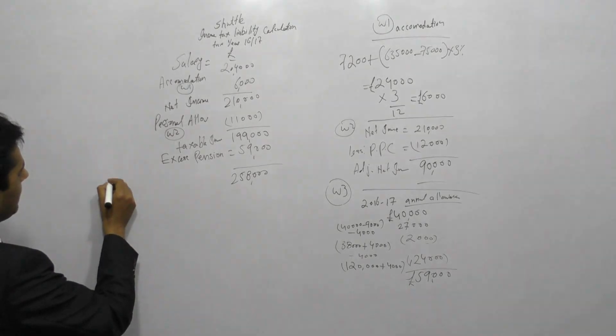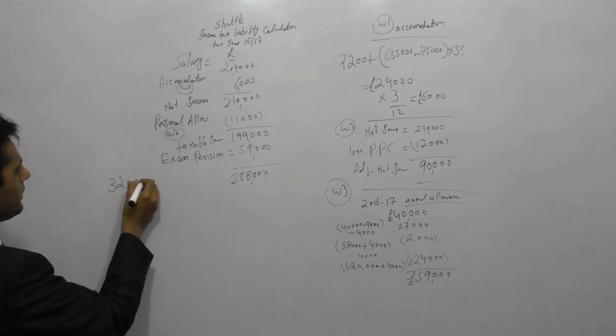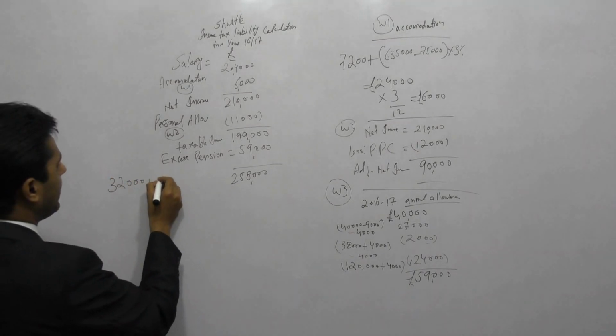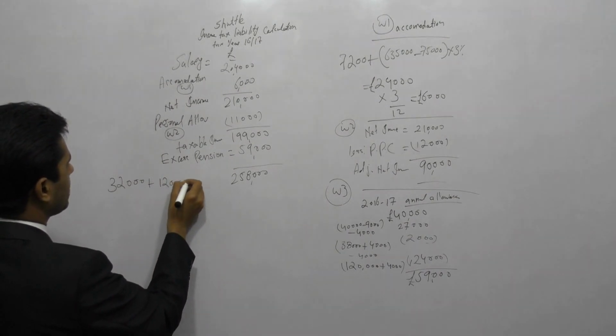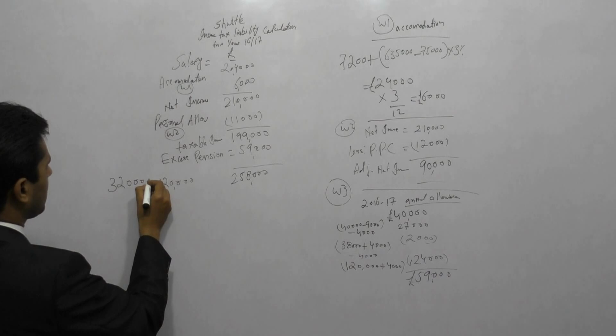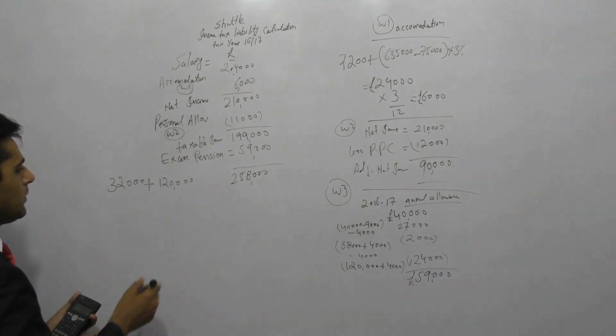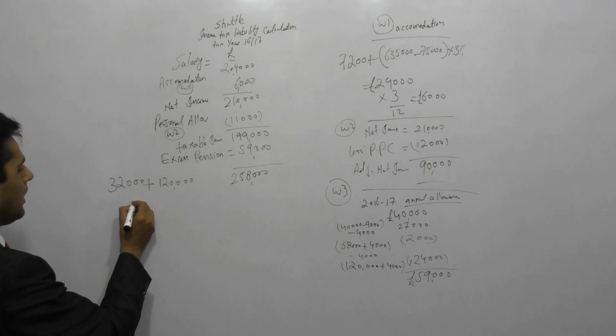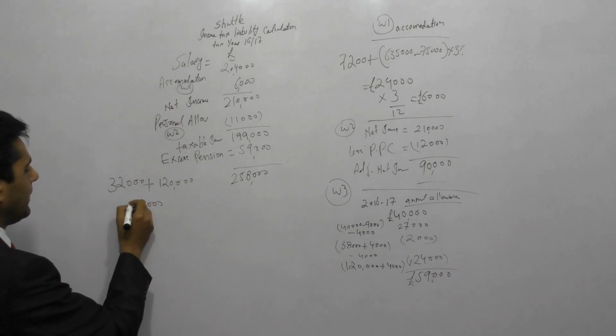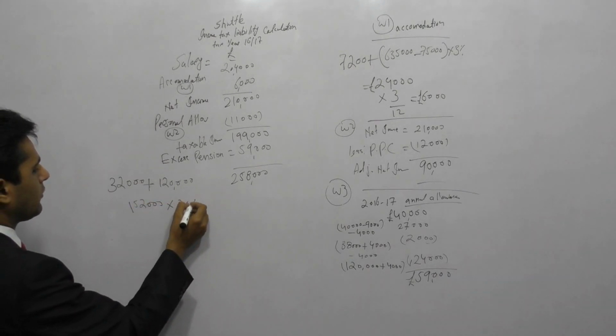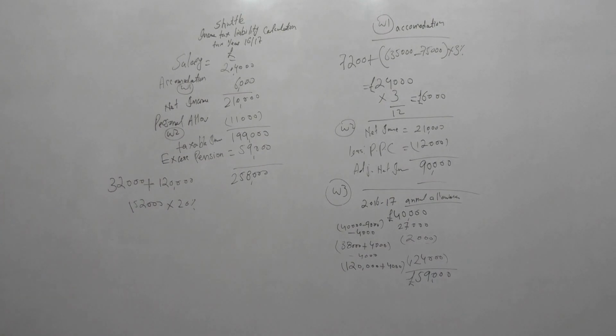While calculating the tax liability, £32,000 is our basic rate band, but it will be extended by the gross amount of personal pension contribution. The gross amount of personal pension contribution is £120,000. So altogether it is £152,000. £152,000 is our basic rate band. Up to that we pay tax at the rate of 20%, and the total amount is 258.